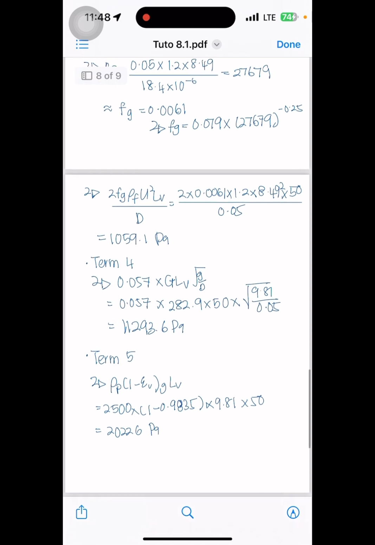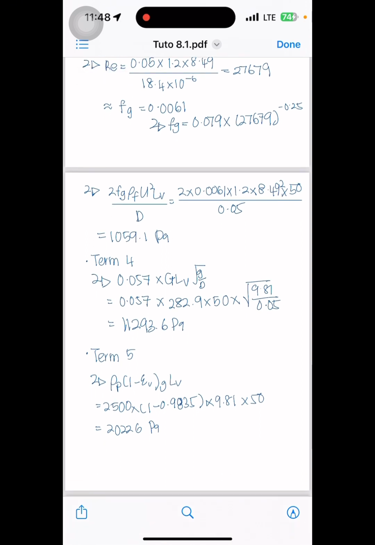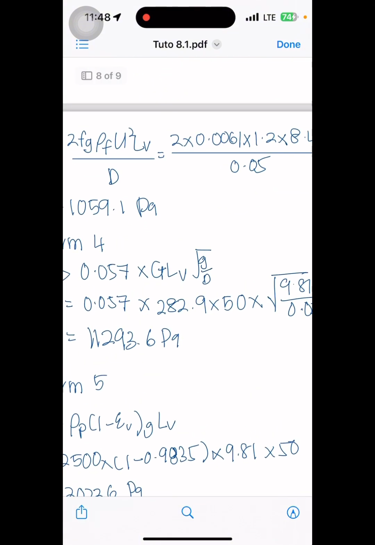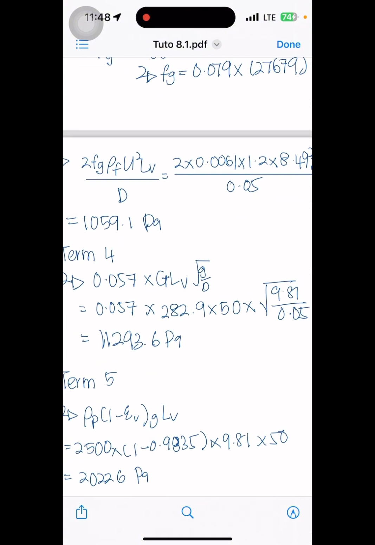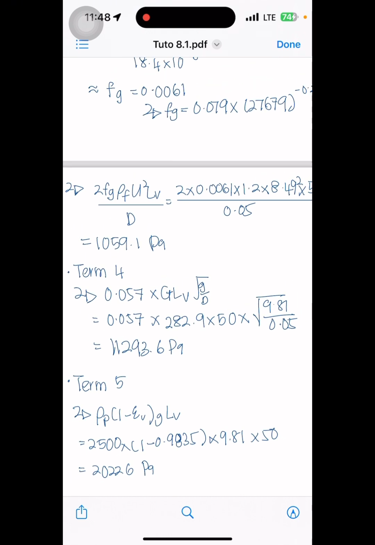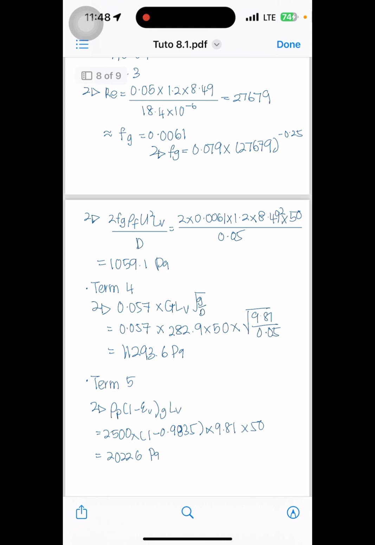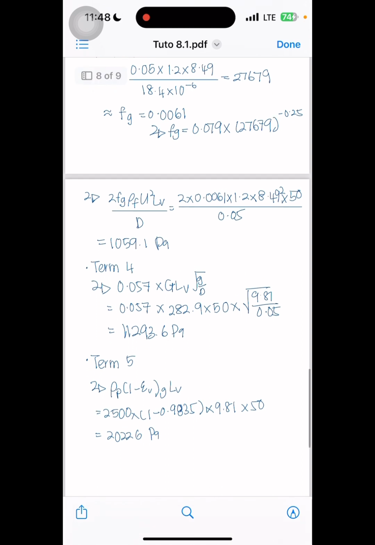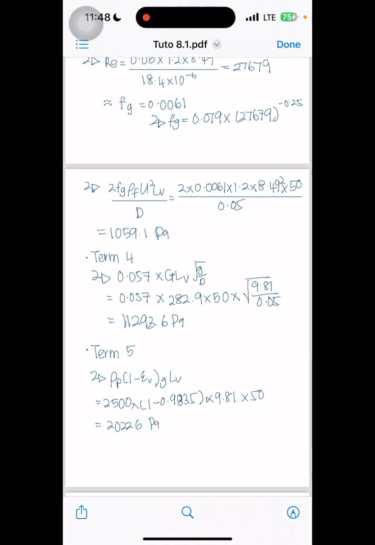We can move to the next term, term 4, by substituting all the information into the equation as shown in the current slide: 0.057 times G, LV, times G over D. After substituting all the information, we obtain the solid friction, which is equivalent to 11,293.6 Pascal.